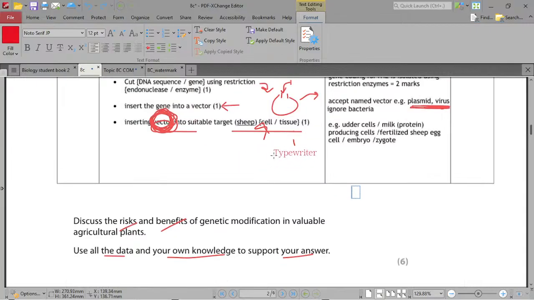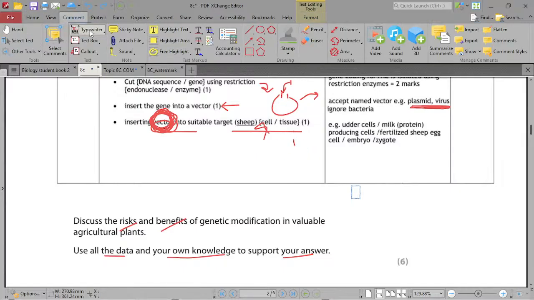Okay, so discuss, use all data and knowledge. Well, there's no data that we have. Agricultural plants, right?